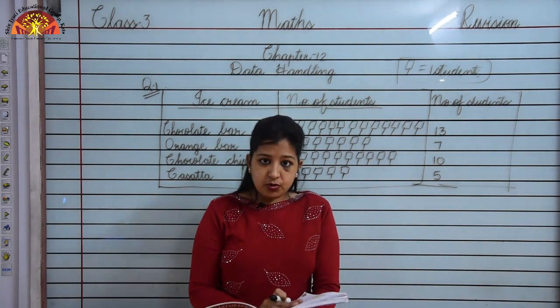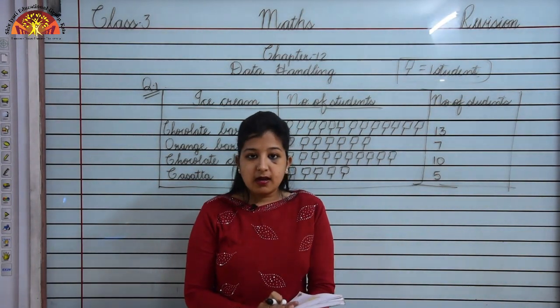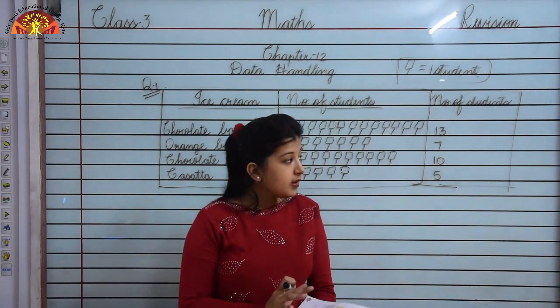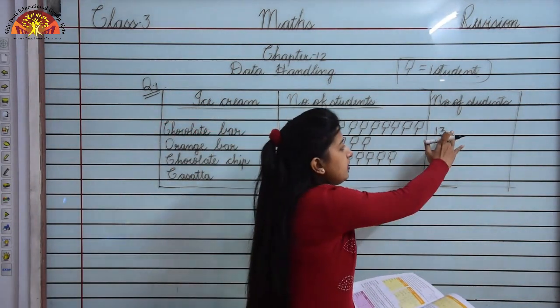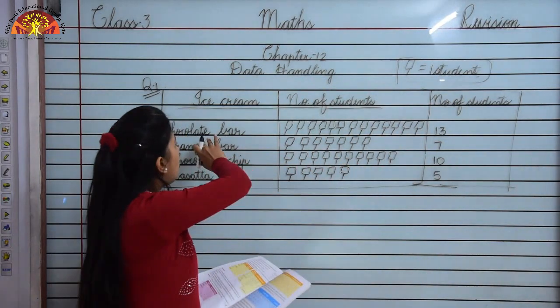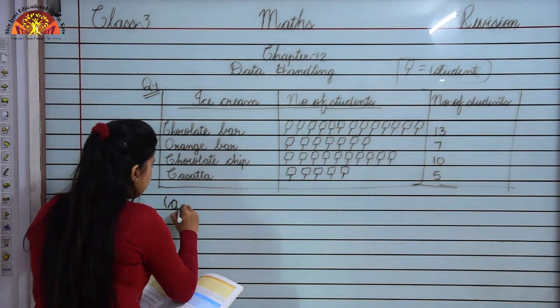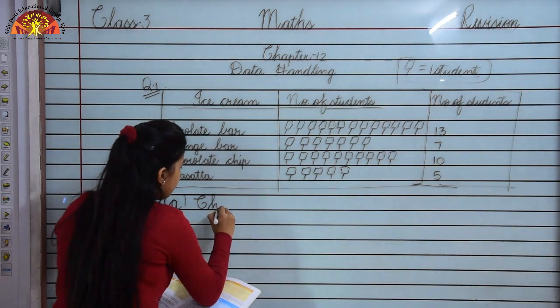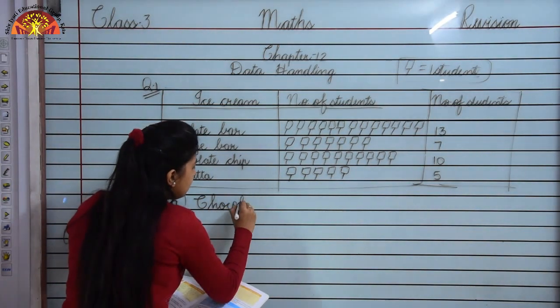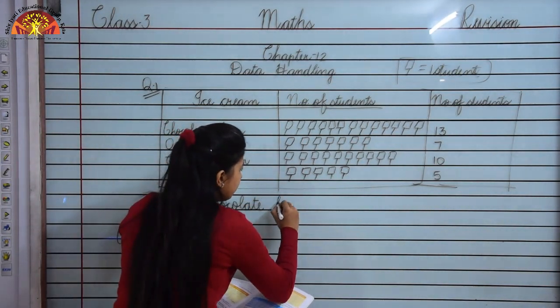Part A of question number 1 is, which is the most liked ice cream in the class? So here 13 students like chocolate bar. So the first answer is chocolate bar. Chocolate bar is liked by 13 students.